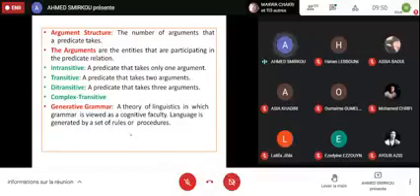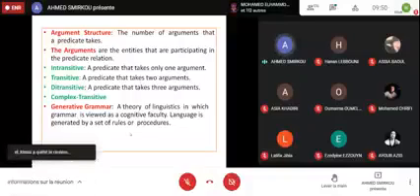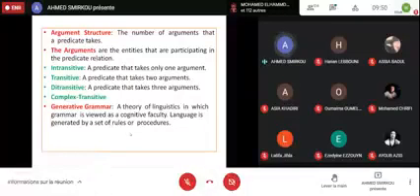This is the meaning of generative grammar. Now if we apply this theory to syntax or phonology, let's take an example from phonology.